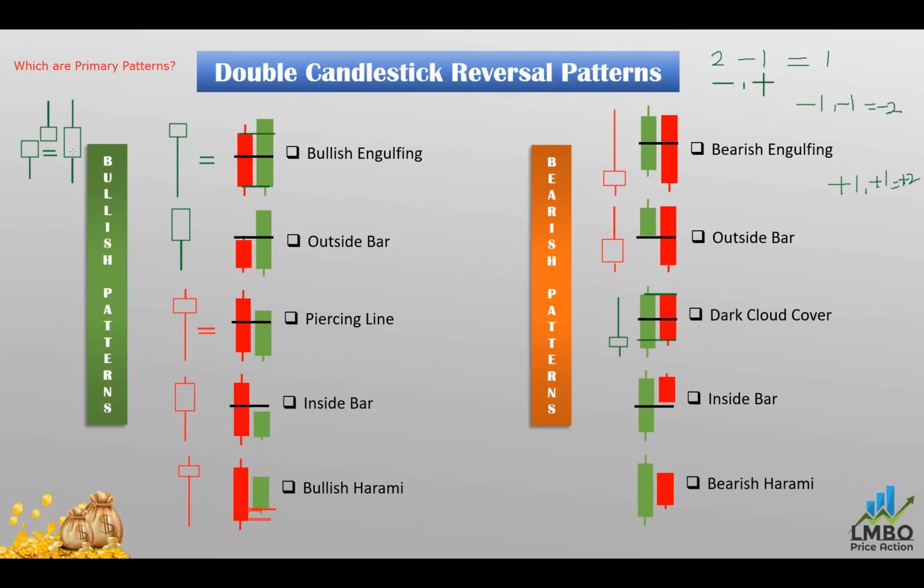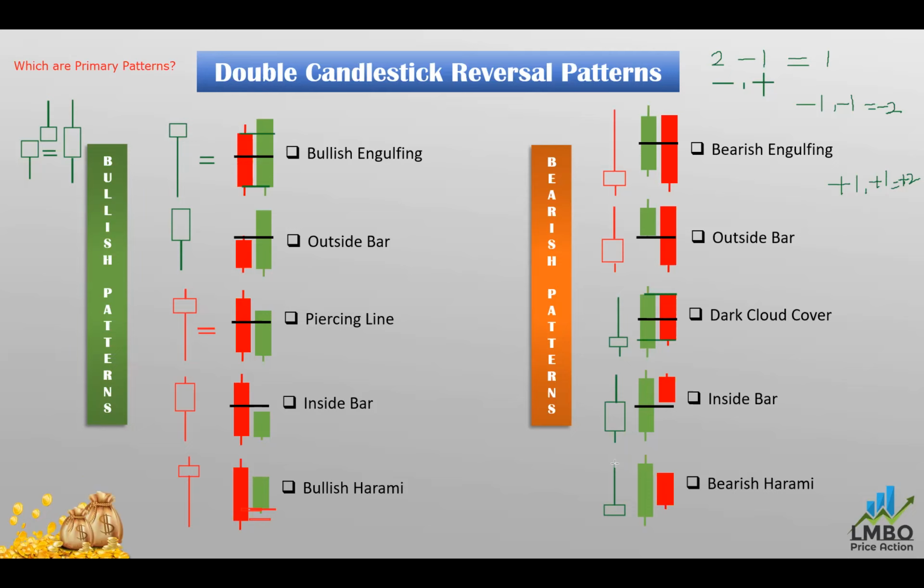So a spinning candle means it is a combination of 2 green candles, for example. So here, this candle will be this bullish candle. It's not an inverted hammer. And this candle will be also this candle.